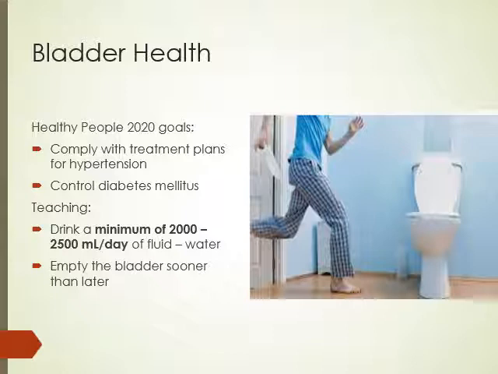Unless a person is on some sort of fluid restriction, they can drink a minimum of 2 to 2.5 liters of fluid per day. Water, not coffee, not iced tea, not soda, but water. And then empty the bladder sooner rather than later. Don't hold on to it. Nurses aren't famous for this, but many other people too. So make sure they're going.